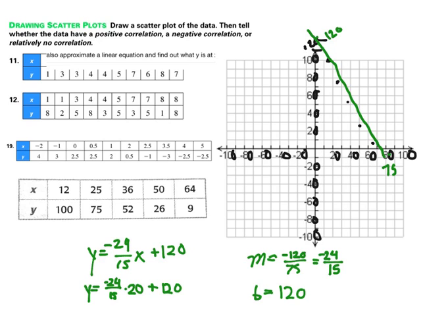You end up with y equals 88. So you end up with the point 20, 88. And this was a negative correlation.